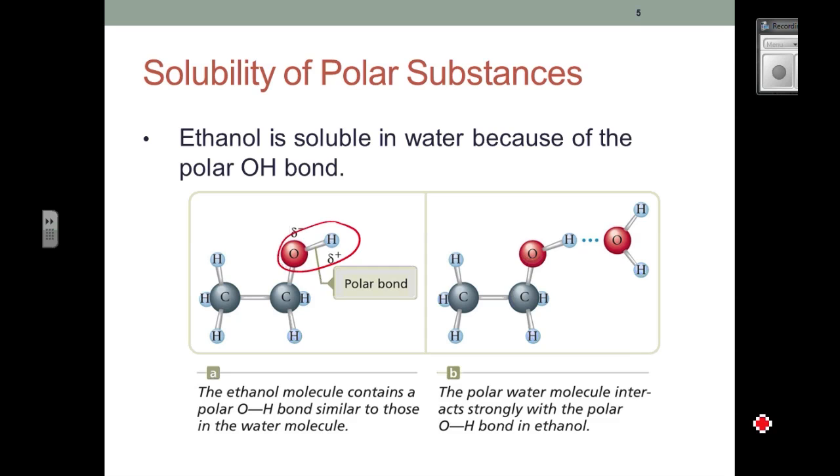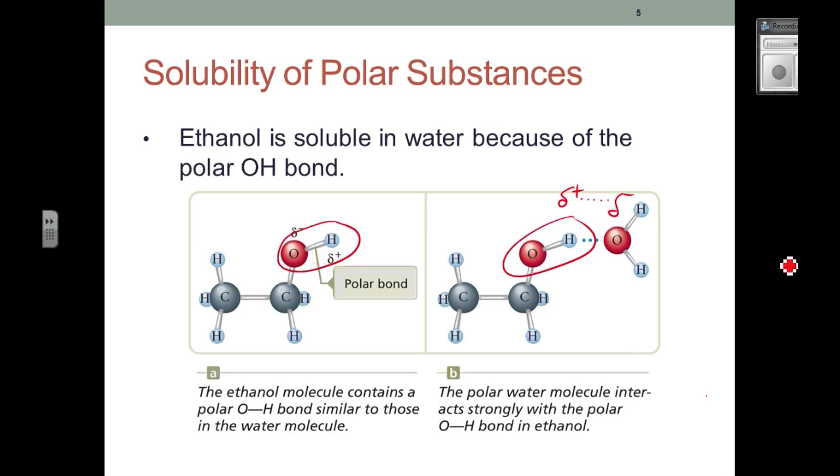That OH bond is polar, and that is what is going to interact with our water. So you look here on the right, we have our ethanol, the partial positive side, and then the partial negative side of our water molecule. That is interacting. And that's how ethanol is soluble in water.